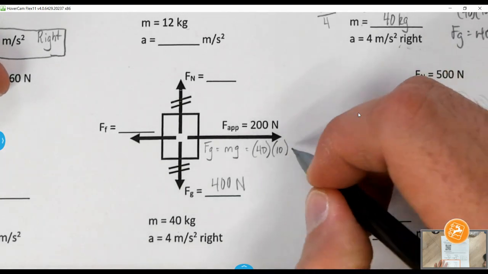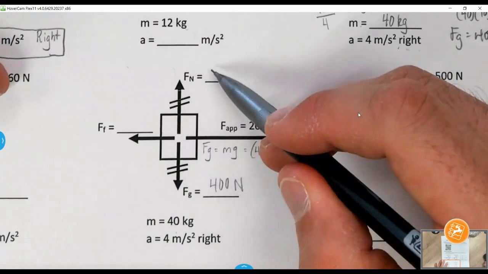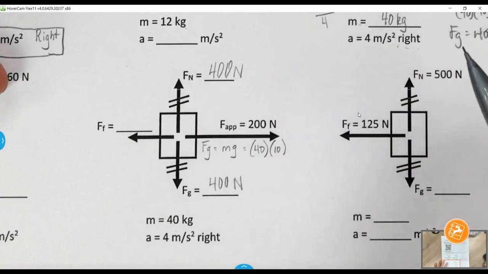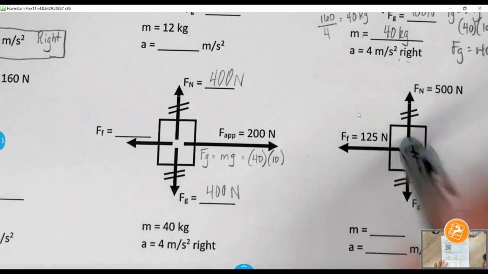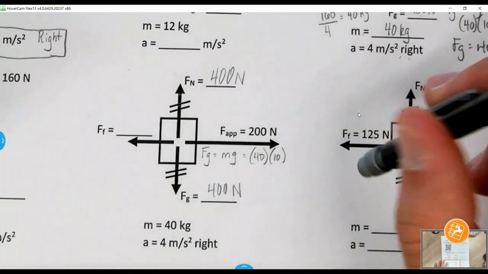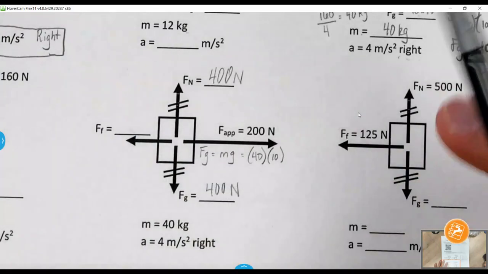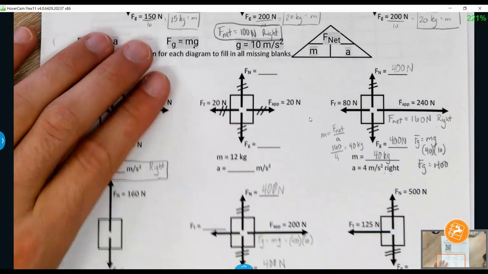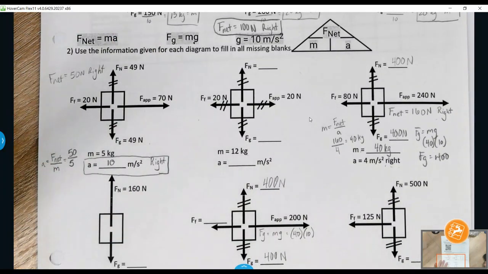And from there, because these things are already drawn as equal, this thing is also 400. Cool. Great. Only problem, Mr. Lombardo, is there's no equation given to solve for friction force, F sub F. So how the heck do I do that?